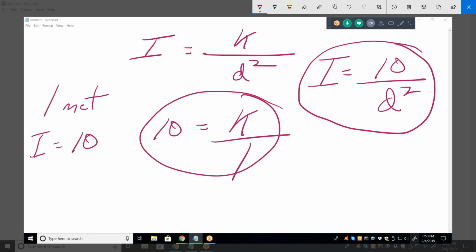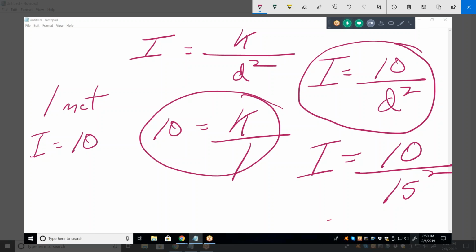Okay, it says write an equation, and then if you are sitting 15 meters back from the stage, what is the intensity of the sound you hear? Okay, so now, K doesn't change, not for this model. 15 meters squared. Well, that's 10 over 225.